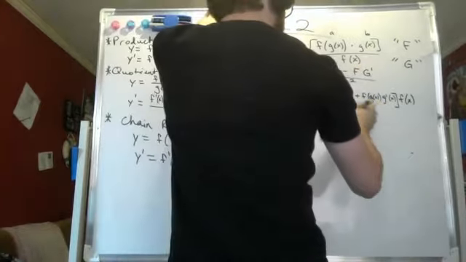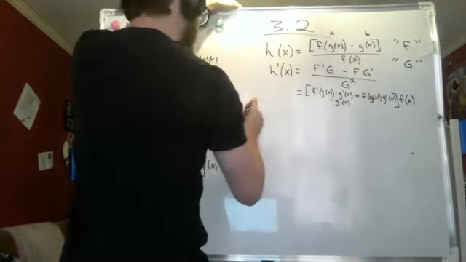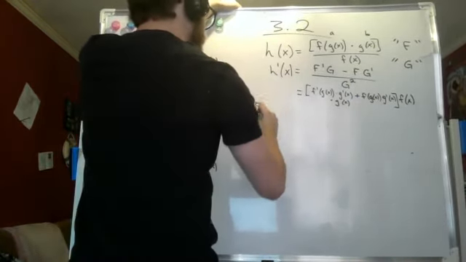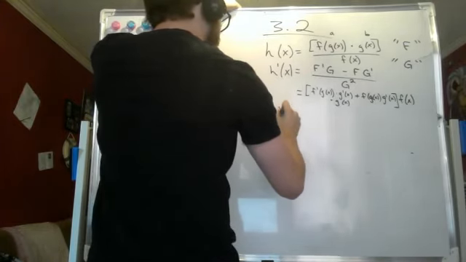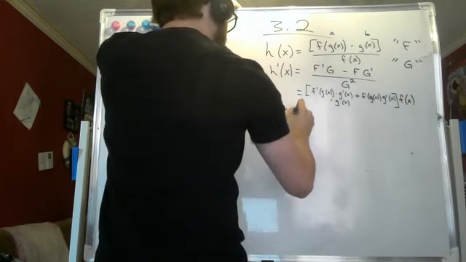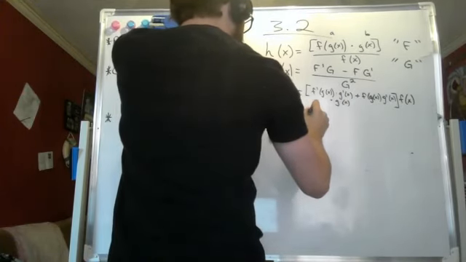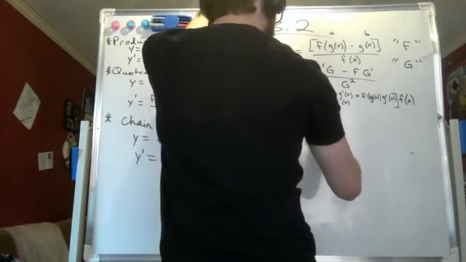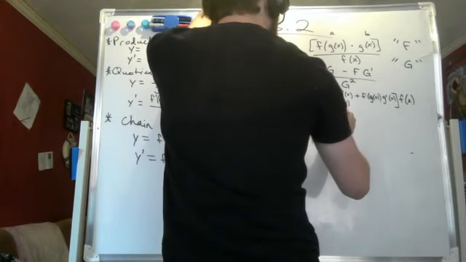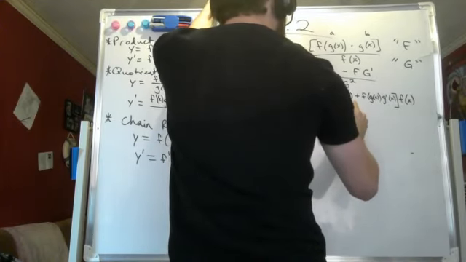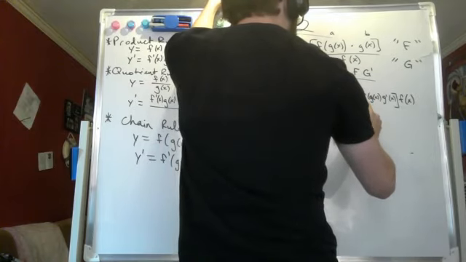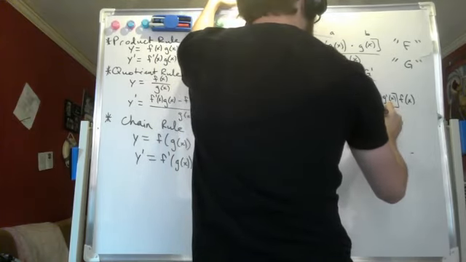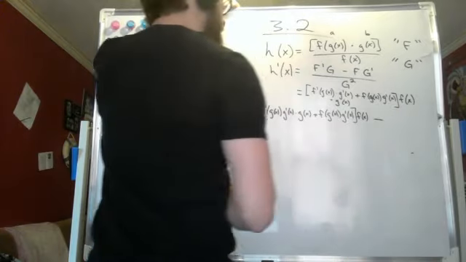Now we subtract, and I'm going to have to stretch this out. So I've got f prime of g of x times g prime of x times g of x plus f of g of x, g prime of x, all times f of x, minus.